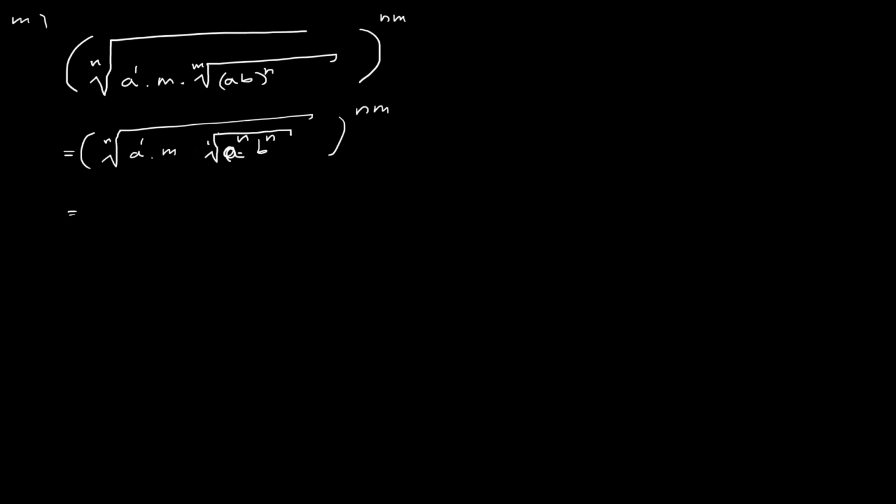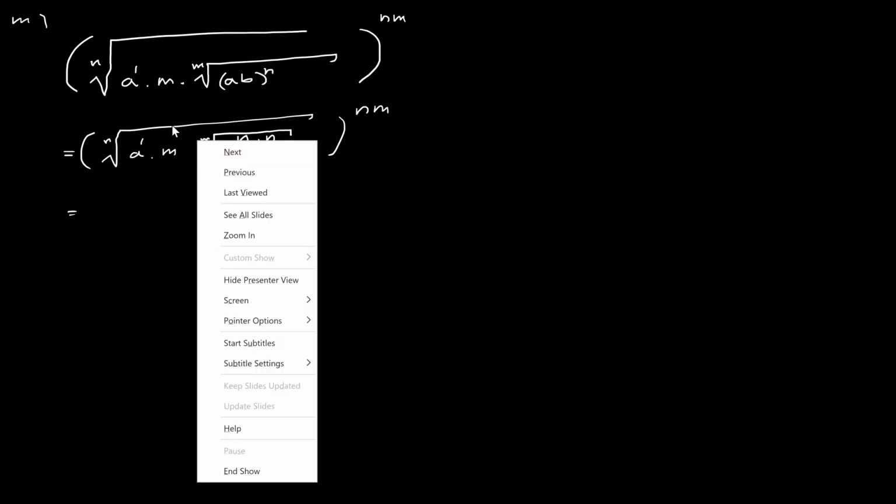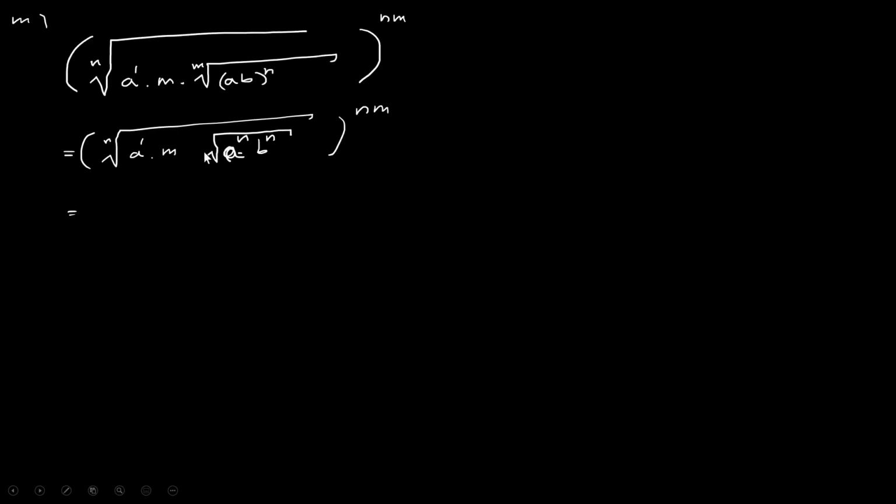Well, some of you might already know, but some of you might not. Sorry, when I'm trying to write something really small, I get in trouble. Select my pen again, and then here is to the power of m. So if you have a square root, so the square root of 4, well, everybody knows that's 2, but there's another way of writing a square root. It's actually 4 to the power of 1 over 2.